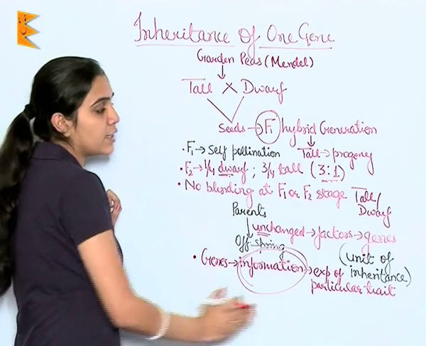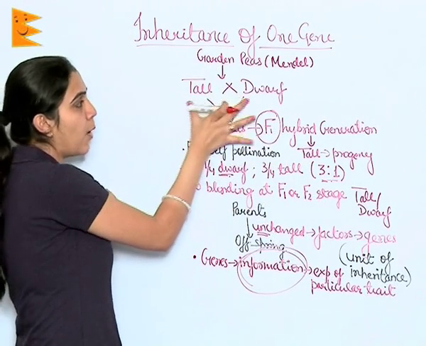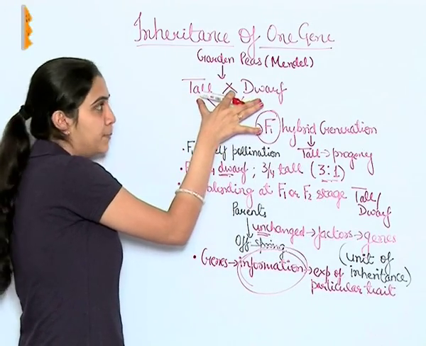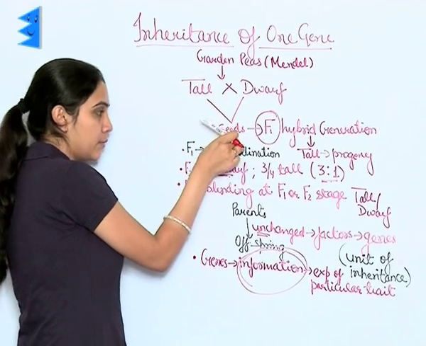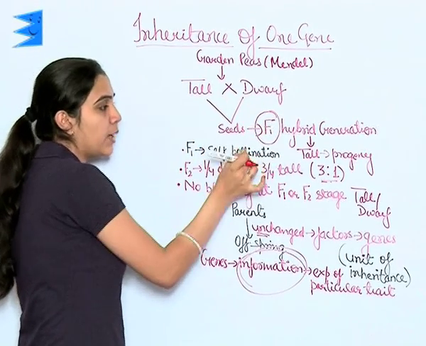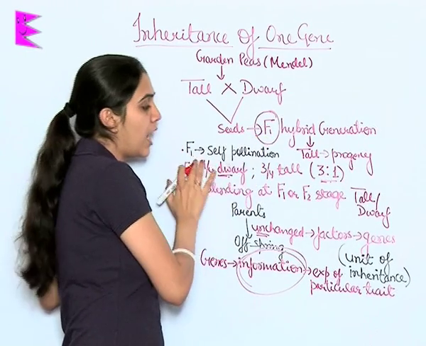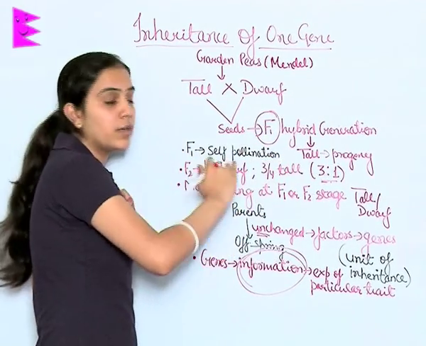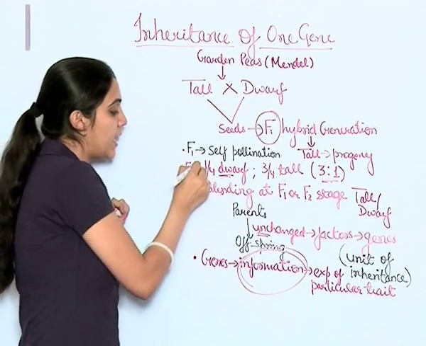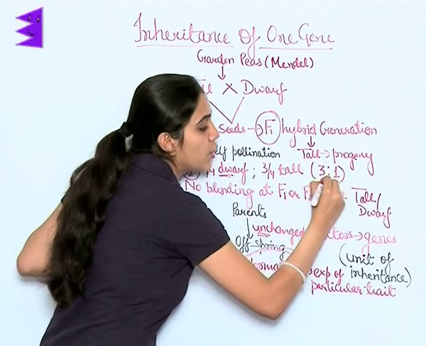So this is inheritance of one gene, in which we saw the cross of tall and dwarf peas. Seeds were taken, F1 was self-pollinated, and we found that the F1 progeny were all tall, but in F2 a 3:1 ratio occurred.